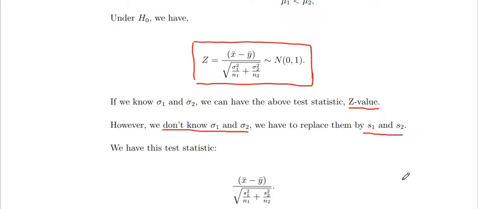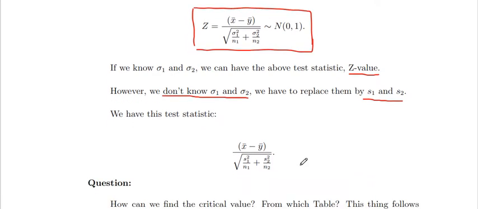So here S1 is the standard deviation from sample 1, S2 the standard deviation from sample 2. So we can replace sigma 1, sigma 2 by S1, S2. So we get this value. We can use this as our test statistic.